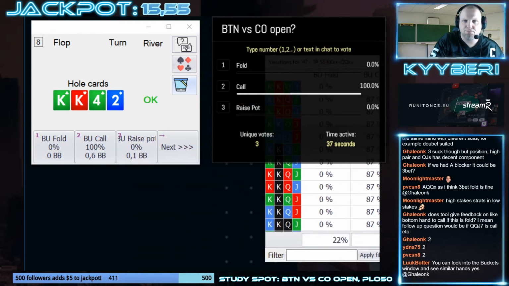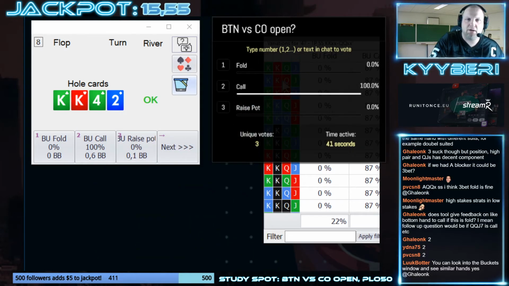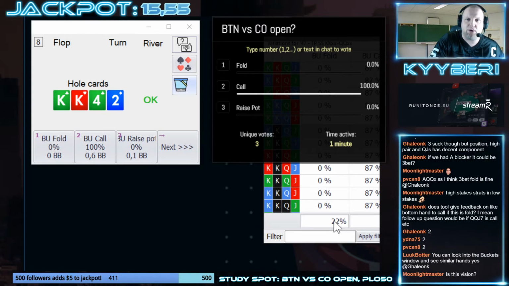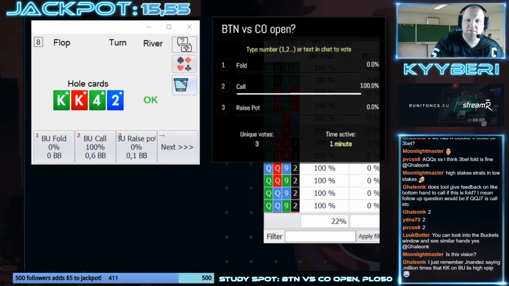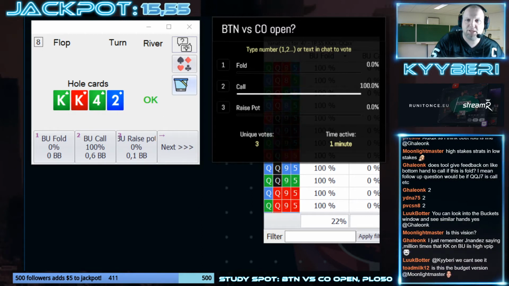So we open the bucket tool, and there are variations on the bucket, which is single suited kings and queens. And you can see that we only fold 22%. And the hands that we fold are really racket queens, really racket kings. And the threshold is somewhere around here.